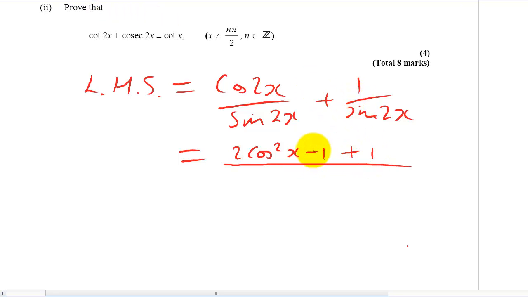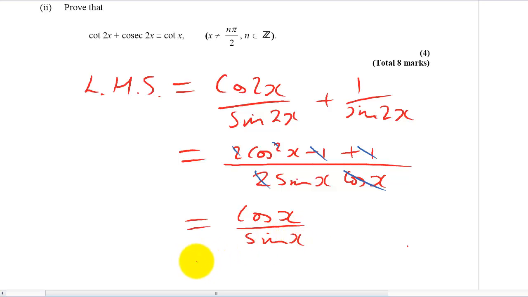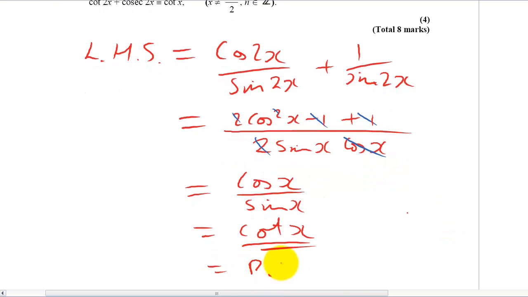So these are obviously going to cancel. We have sine 2x equal to 2 sine x cos x. And we can see that we're going to cancel out a cos here, and we're also going to cancel out the 2's, and that will just leave us cos x over sine x, which equals cot x, and that equals the right hand side. So we have proven our relationship.